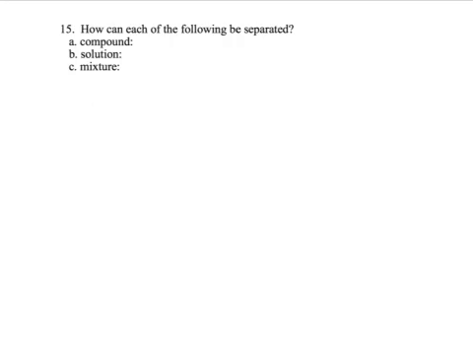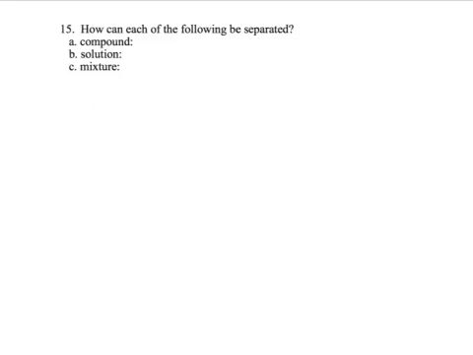How can each of the following be separated? A compound must be separated by chemical means. The reason is you have elements that are chemically combined, they are bound together, sharing or gaining and losing electrons, stuck together by opposite electrostatic charges, but you need some kind of chemical means to separate them.